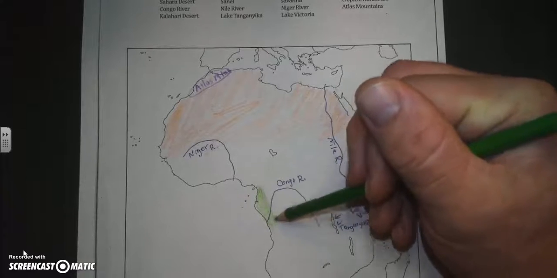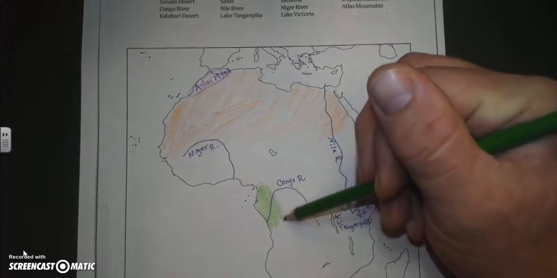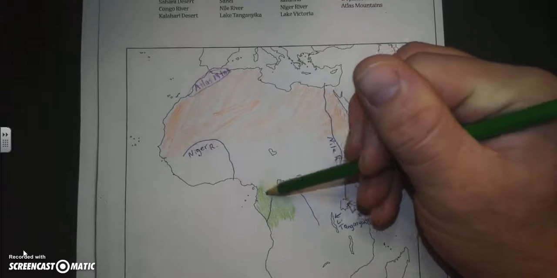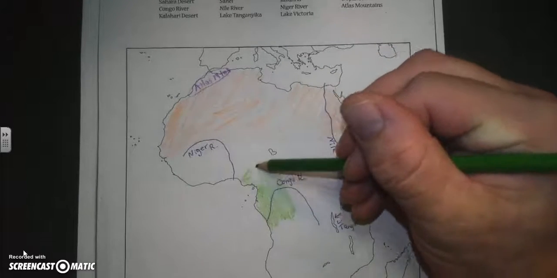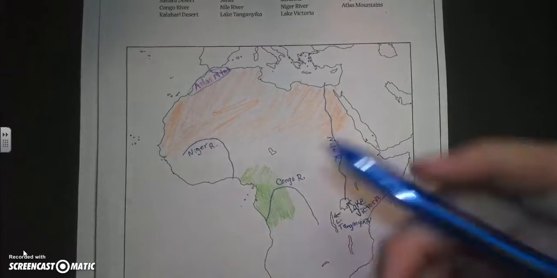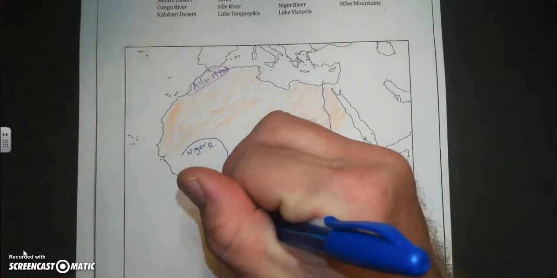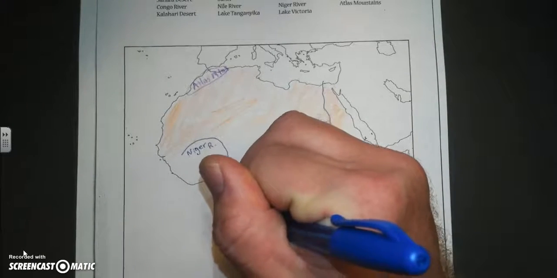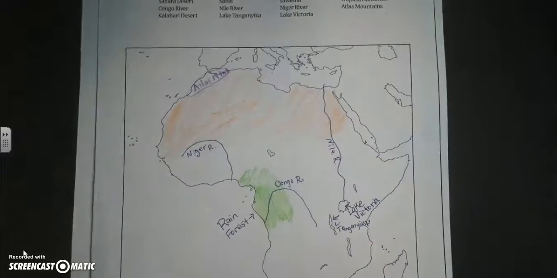So I'm going to get my green, and I'm going to draw and color in where the rainforest is. It's going to come up a little bit up here, okay? But my green is going to show what is remaining of the rainforests of Africa.